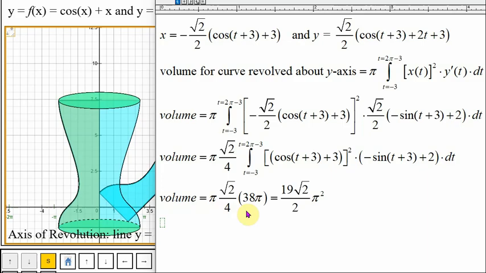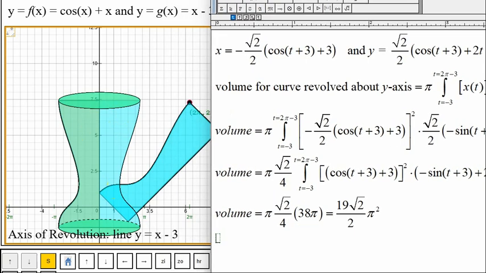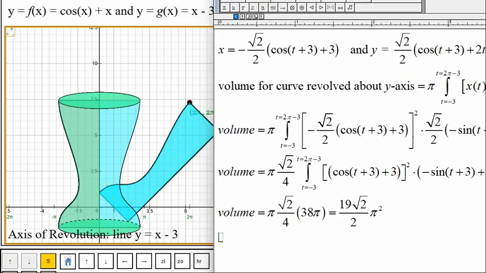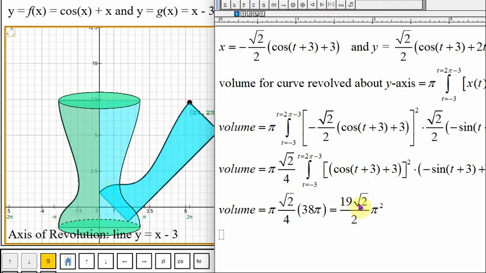And so in summary, the volume of the solid of revolution that we want is going to be 19 square root of 2 over 2 times pi squared. And that's the end of the video.